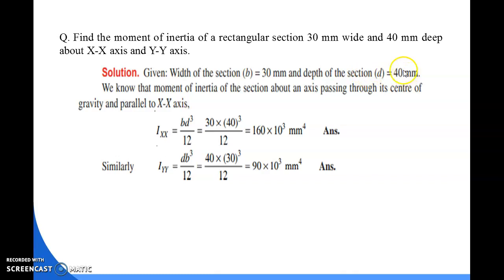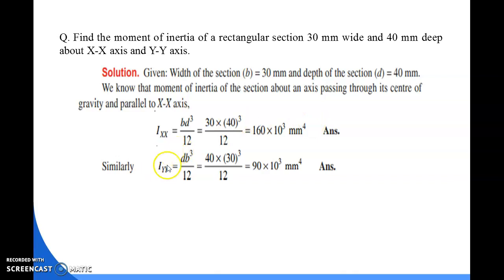As per the formula, moment of inertia along the x-axis will be bd cube by 12. Here the b value is 30 and the d value is 40. By putting the values, we have 160 into 10 to the power 3 mm to the power 4.